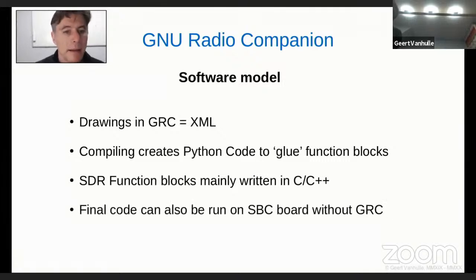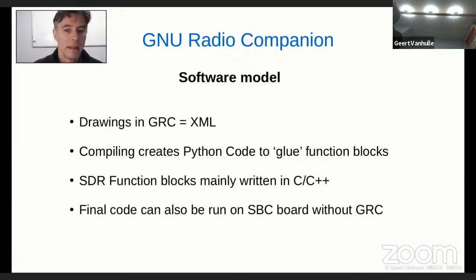And finally, the code that we made with this, we can move this code once it's compiled and ready. We can use it on an SBC board, single board computer, running on an ARM processor. For example, instead of a CPU Intel on a laptop, we can use it there without the necessity of installing the GNU Radio Companion.